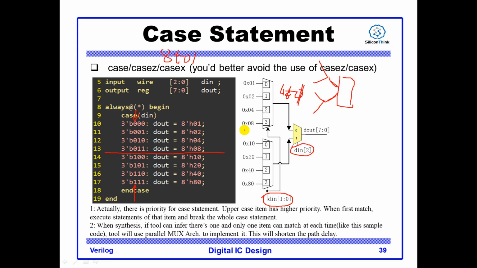So this equals the first group, and this equals the second group. And for each group, bit 1 down to 0 counts from 0 to 3.